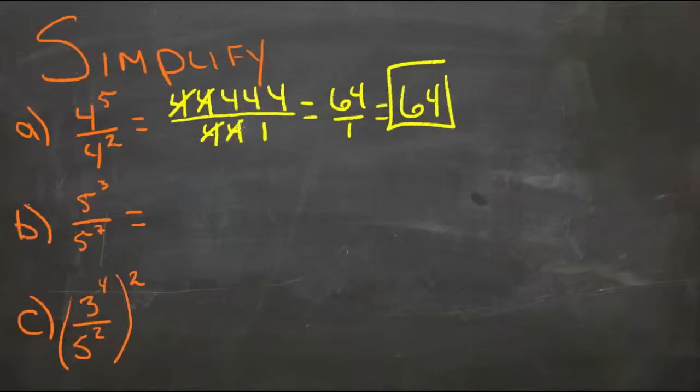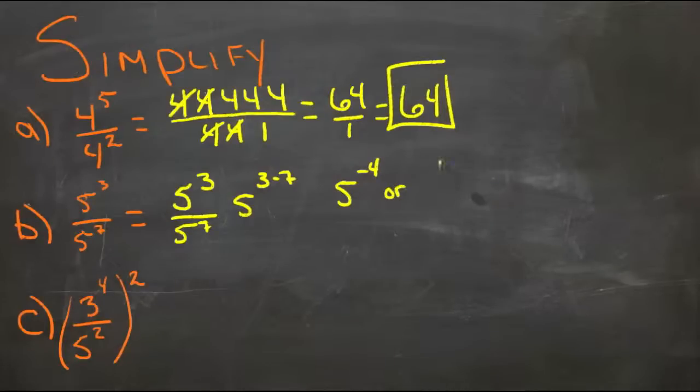In the second one here, we have 5 to the 3rd over 5 to the 7th, so we'll use our quotient rule. 5 to the 3rd over 5 to the 7th is the same thing as 5 to the power of 3 minus 7, which would be 5 to the power of negative 4, or 1 over 5 to the 4th. 5 to the 4th would be 5 times 5 times 5 times 5.